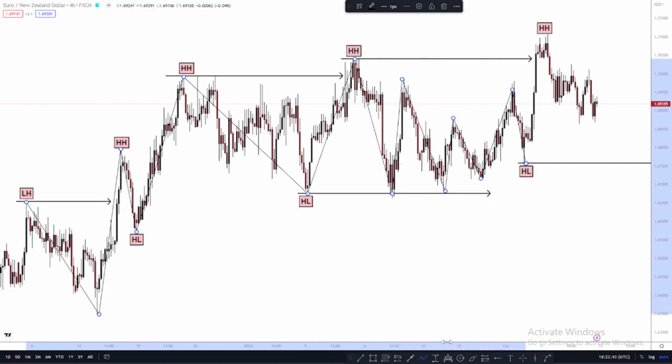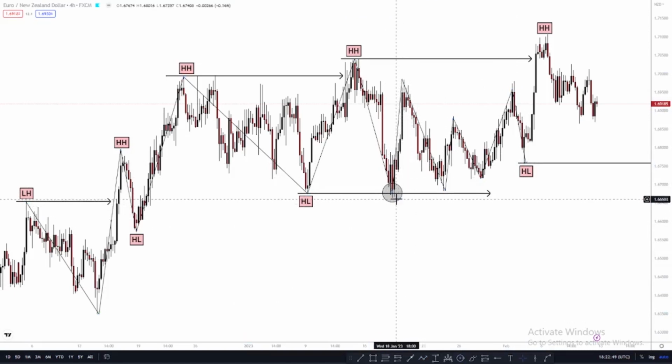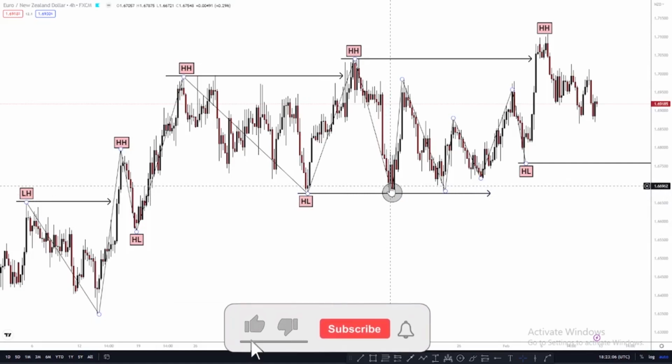Somebody may ask, why didn't I consider this as our new higher low? Because this structure right here never closed below the wick of our higher low. It just rejected it. So if price closes above a structure level, it's not a break of structure. To me, it's not a break of structure.